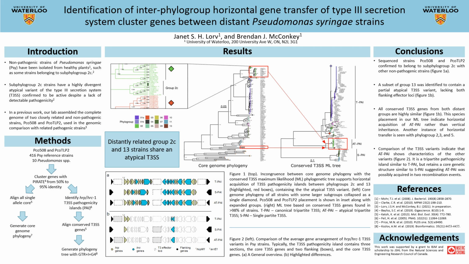And we suspect that this incongruency between the core genome phylogeny and the ML tree indicates that the most recent common ancestor of these groups acquired the type 3 secretion system loci through horizontal gene transfer rather than vertical inheritance. And this is not the only instance of a possible inter-phylogroup transfer. As you can see, the same type of incongruence in the species placement between the two trees appears when you look at phylogroups 2, 3, and 5, where the difference suggests that phylogroup 5 gained the same variant as 2 and 3 from these other groups.